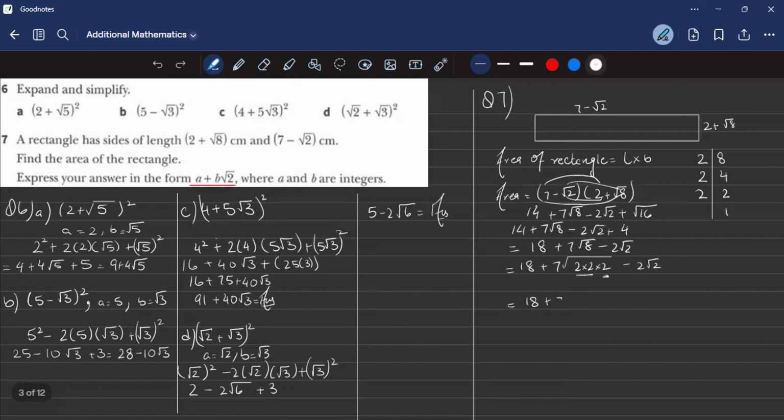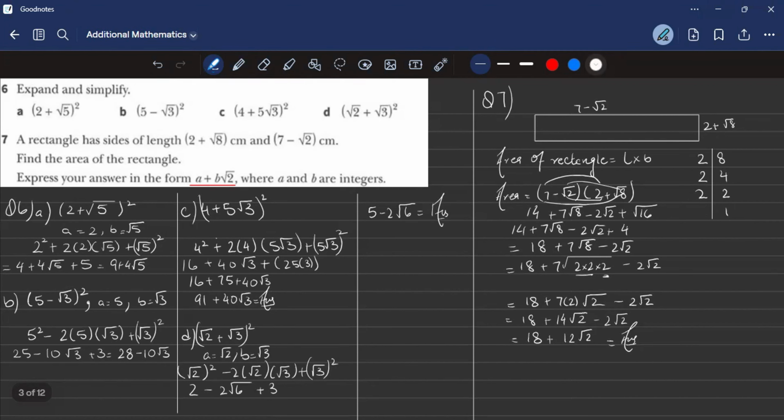So we can say 18 plus 7 multiplied by 2 under root 2 minus 2 under root 2. If you simplify this, we get 18 plus 14 under root 2 minus 2 under root 2, which gives 18 plus 12 under root 2. Now we have this in the exact same form as given in your question. So 18 plus 12 under root 2 is our answer for part C.